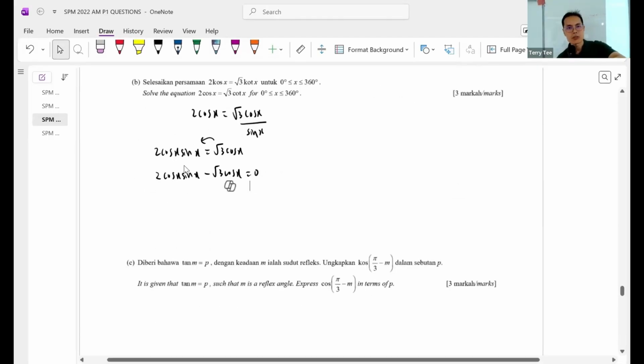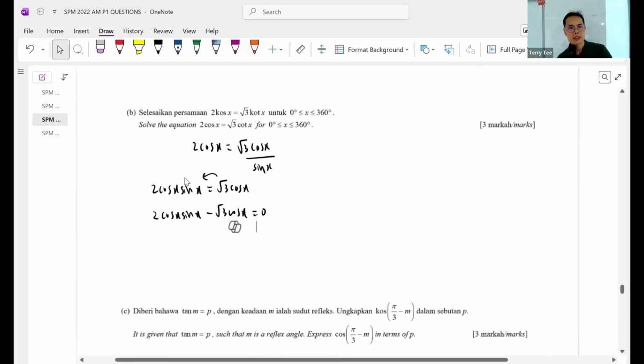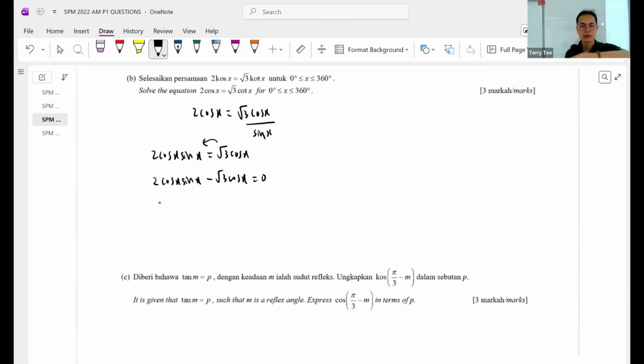Alright, now we will factorize. Take out what? Take out cos x. This is 2 sine x minus sqrt 3 equals 0. Cos x is either 0 or sine x is sqrt 3 over 2.